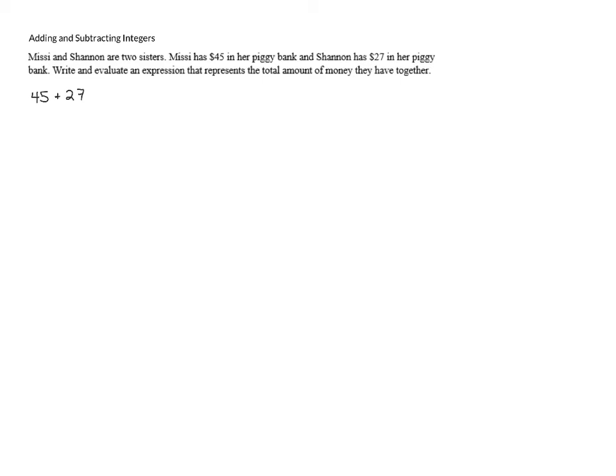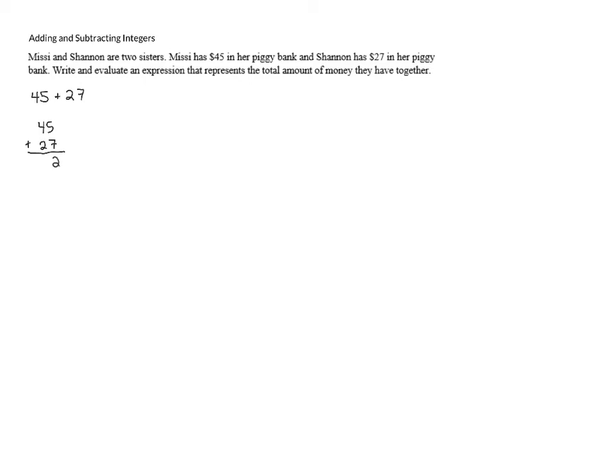Now, just a quick review, when we're adding integers together, the way that we do this is by stacking them on top of each other and lining them up on the right-hand side. And then we put in our addition sign, and we add going from right to left. So first we're going to start with 5 plus 7. 5 plus 7 is 12.